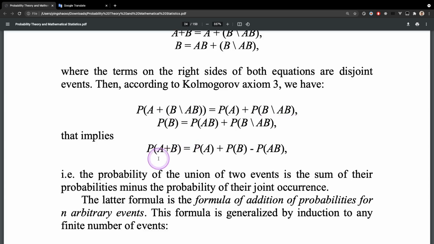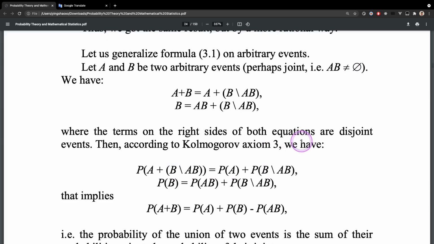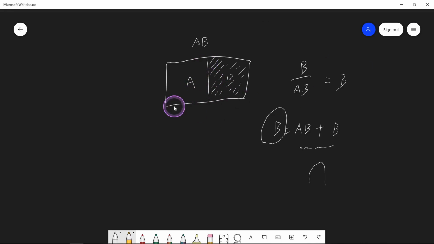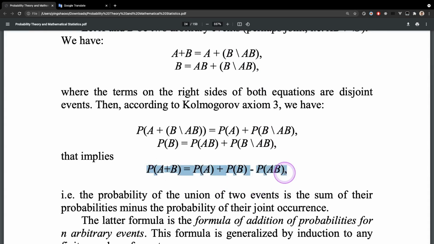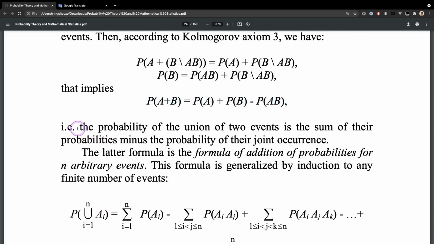And also, the probability of A plus B equals the probability of A plus the probability of B minus the probability of A times B. And we both know A times B, as he said, does not equal an empty set. Oh, I got it. From this graph, you would know AB has no intersections, so since the probability of them is zero, that's why this formula exists. This is how they define that.